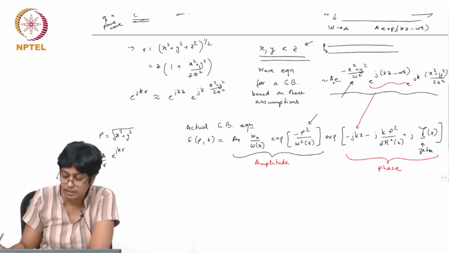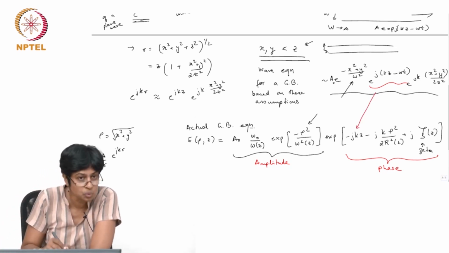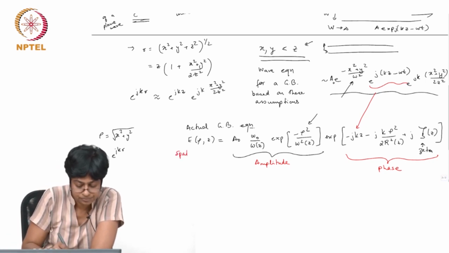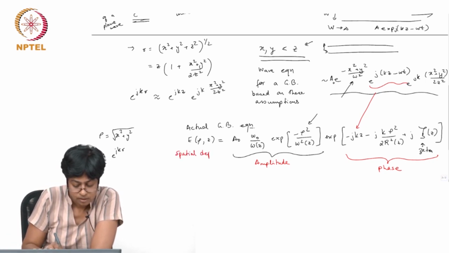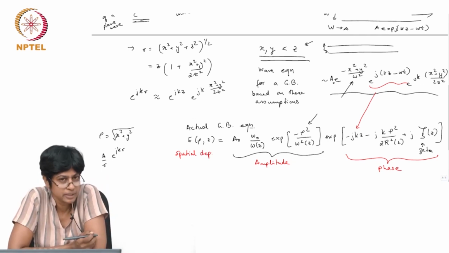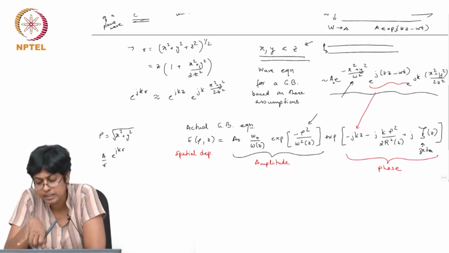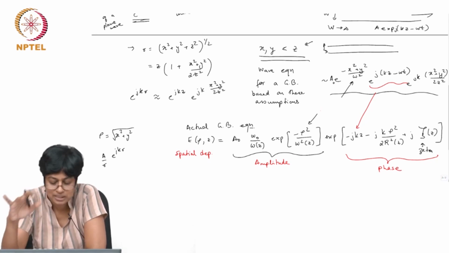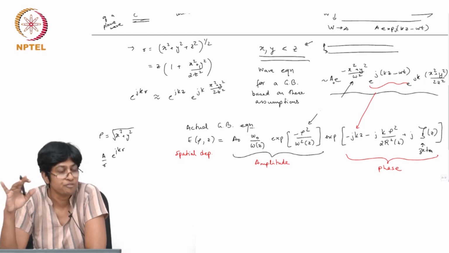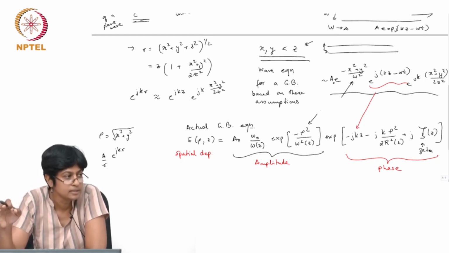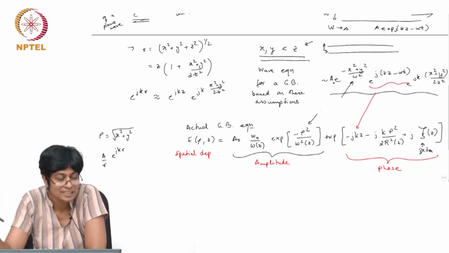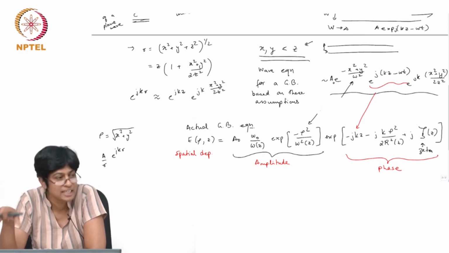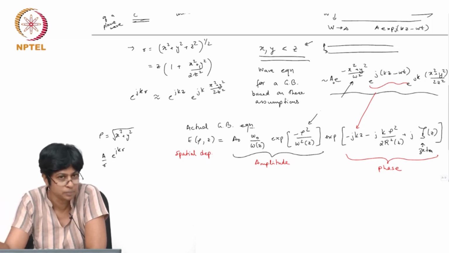We have not written out the time dependence. I have written only the spatial dependence here. We can always study only the spatial dependence, because your e to the power minus j omega t is going to repeat everywhere. So you can always just study the spatial dependence, and finally, if you actually need the full wave at any instant of time, you will take into account that e to the power minus j omega t term.